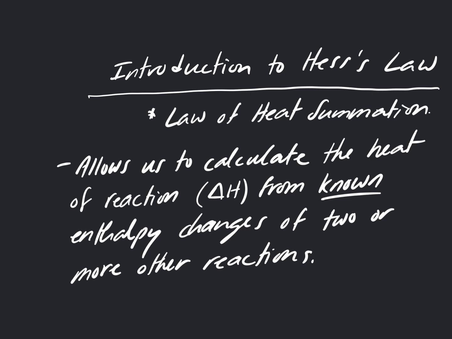You can take that information and sum up the reactions in order to find the heat of reaction for something that you care about. All right, in other words, let's try this first problem where we're going to take a charcoal and turn it into diamond.